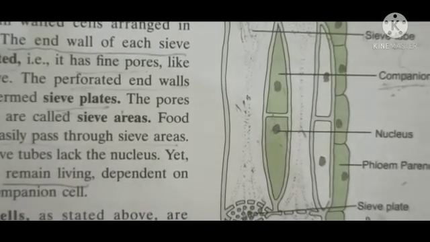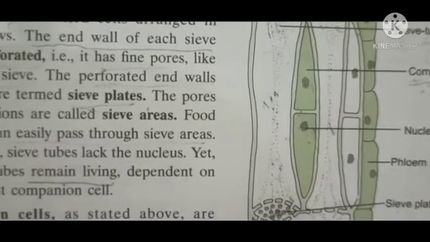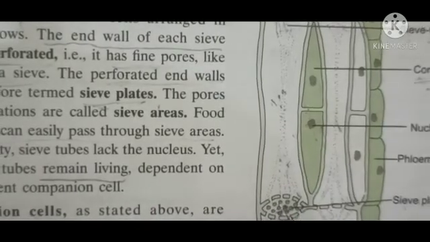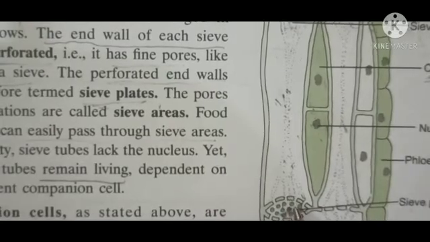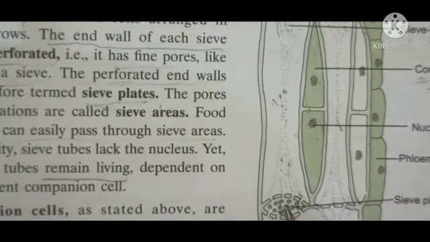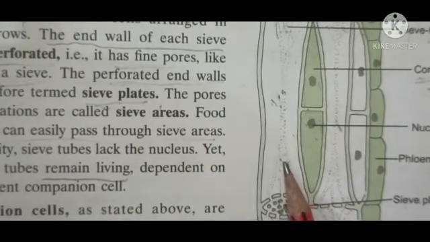And what are they called? Sieve plates. And the pore region is also known as sieve area, right? Food can easily be passed through these sieve tubes. And these sieve tubes are living cells of the phloem tissue.